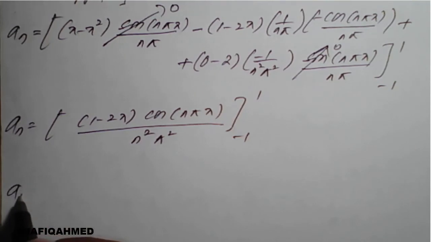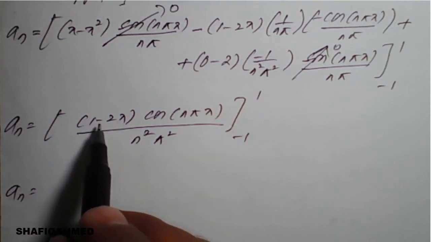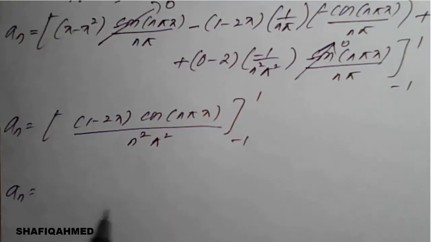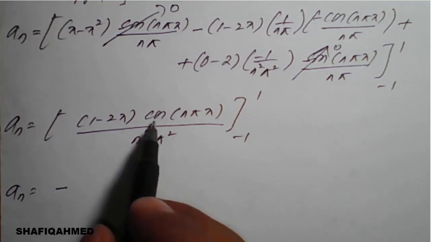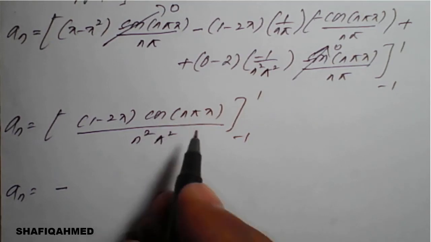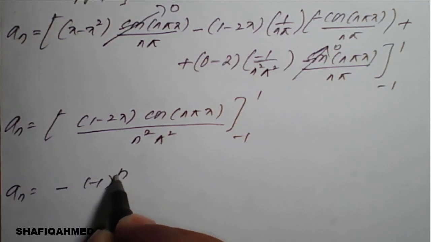So a_n is equal to, if you apply upper limit, if the value of x is 1, 1 minus 2 is -1, minus sign cos n pi, that is if x is equal to 1, cos n pi is nothing but -1 raised to n.